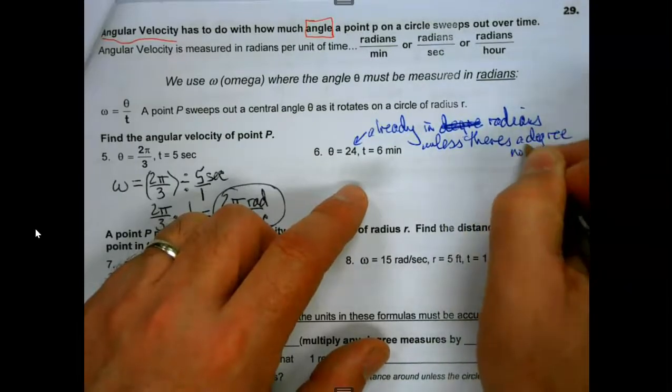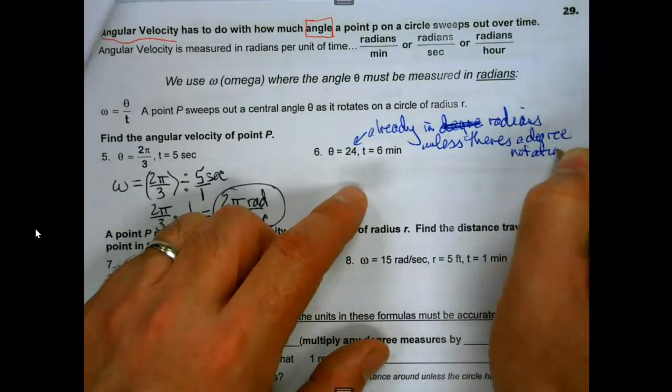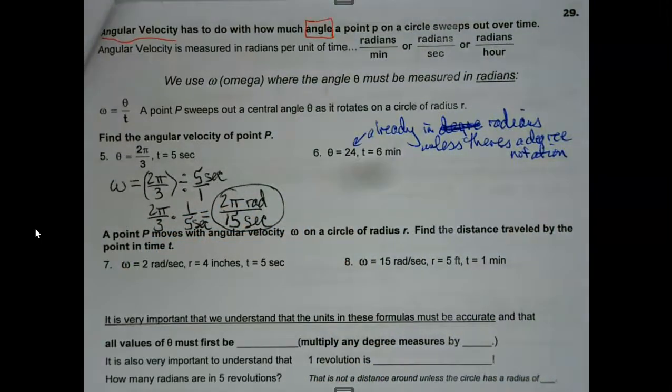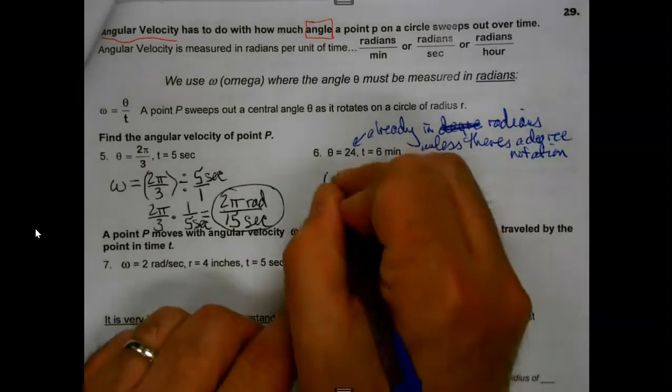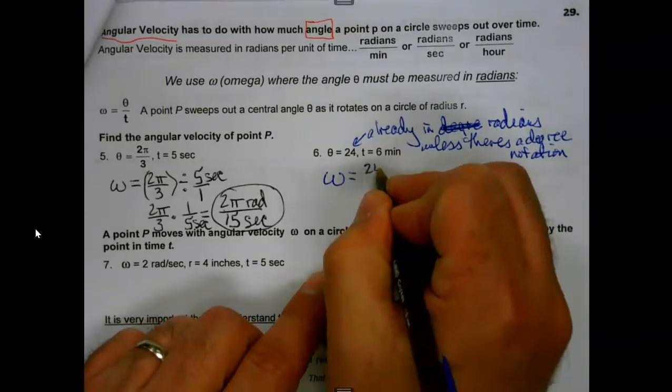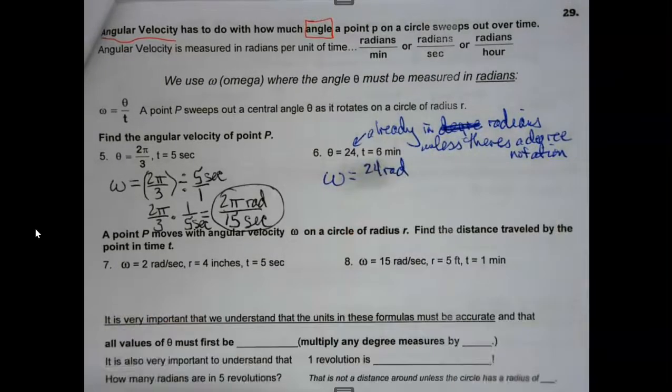Unless there is a degree notation. So, if it's degrees, I convert. If it's just a number, I don't. I'm just going to leave what's there for me, which is going to make my life a little bit easier anyway. So all I've got to do here is find the angular velocity. Again, it's still in radians, and I need that label.